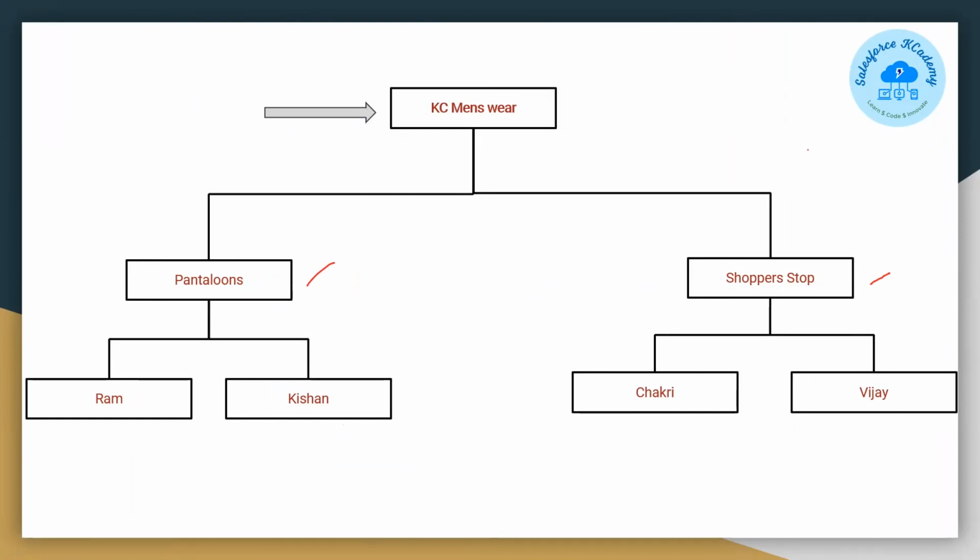Casey Menswear is using Salesforce to sell their products and to deal with the business, the clients, the customers. Now you have Pantaloons and Shoppers Stop. They are nothing but accounts, because you directly don't go to Pantaloons or Shoppers Stop and sell your products directly there.